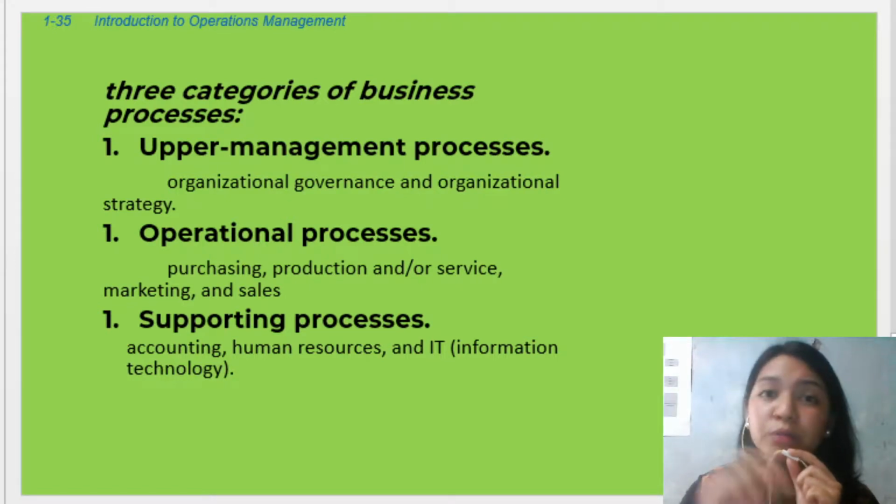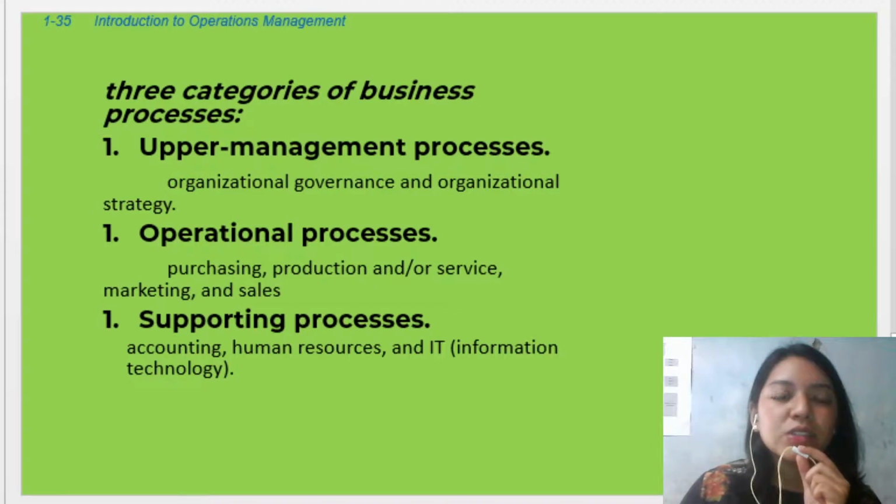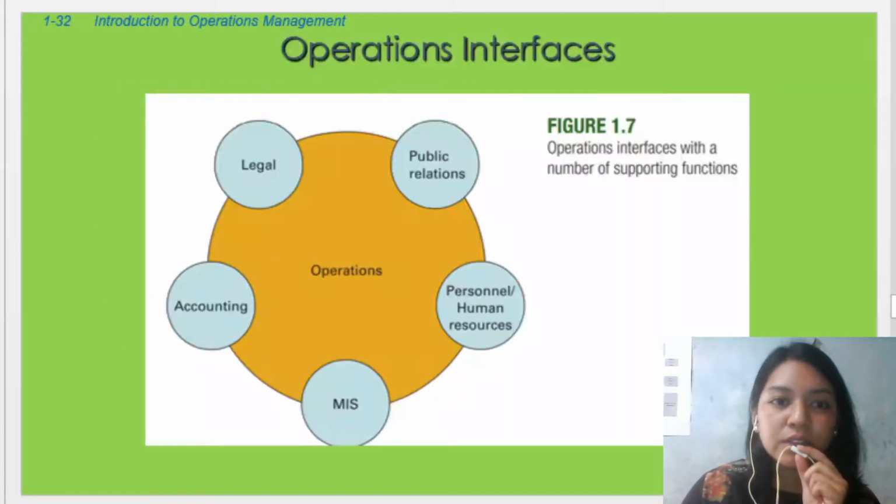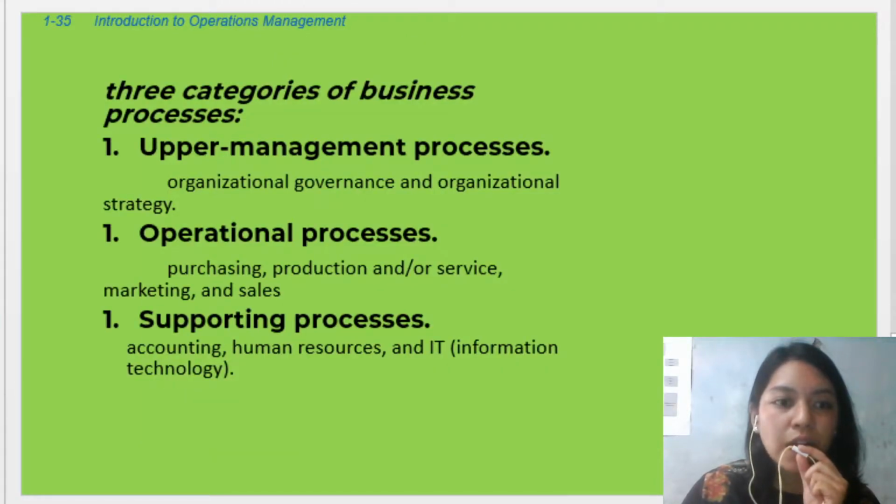You will learn more about that in your good governance. Next is operational processes. Dito papasok yung operations. So we have the purchasing, production and or service, marketing, and sales. Supporting processes are accounting, human resources, and IT or information technology.